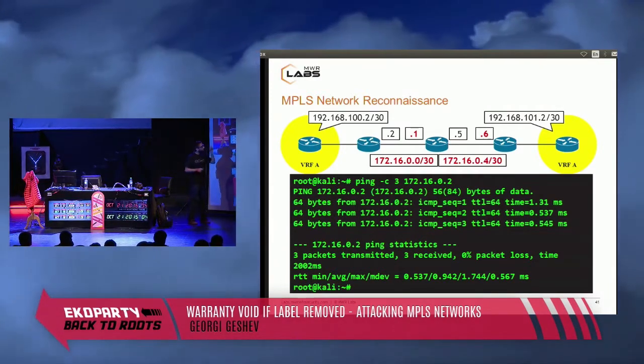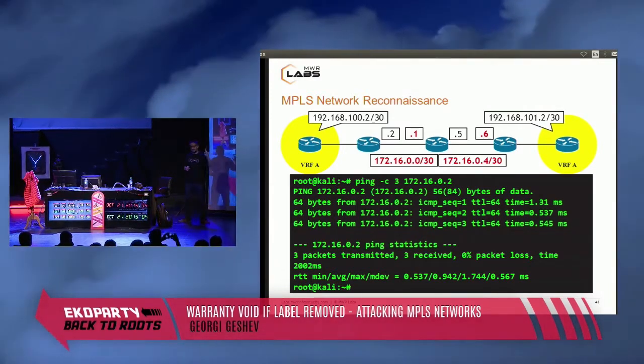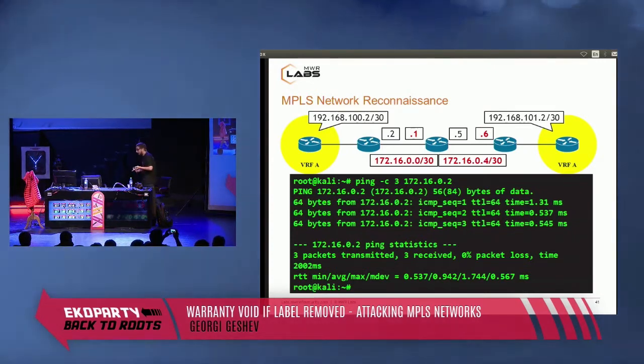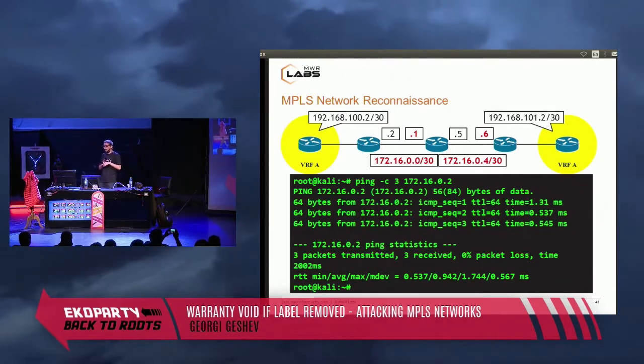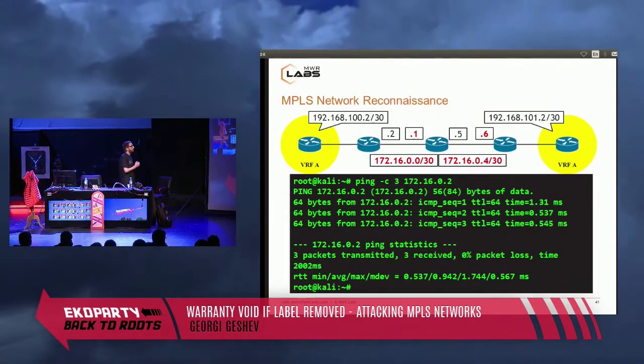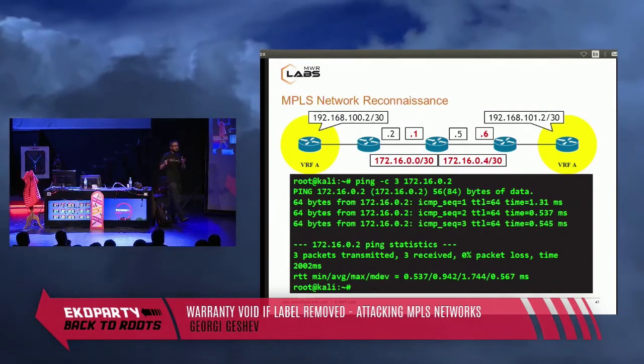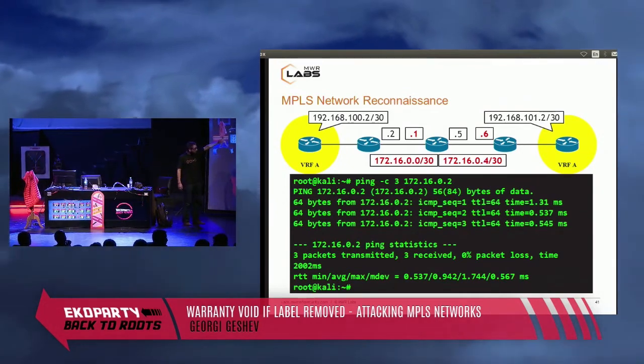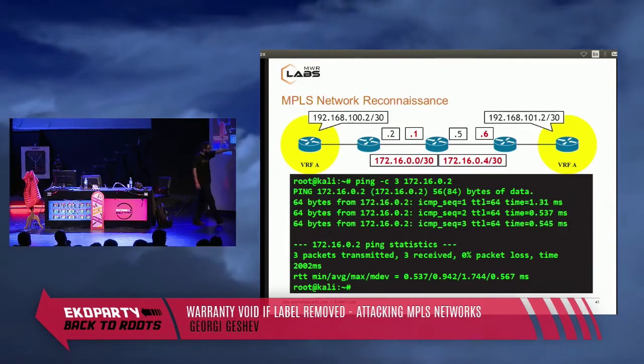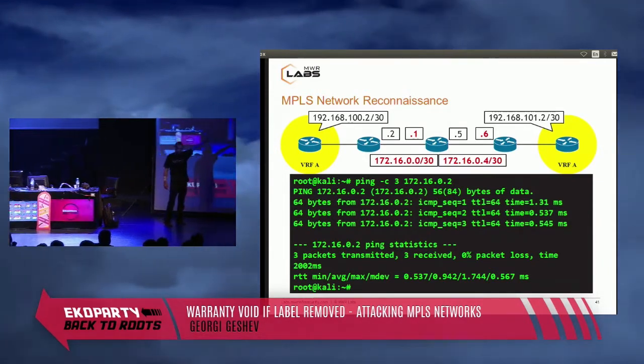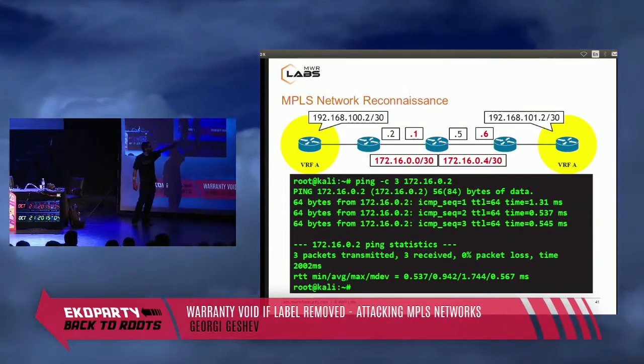To be honest, this only worked with 1 out of 5 vendors I tested, but it was a surprise, because not just that you should not be able to reveal the IP addresses, but in any case, you should not be able to send traffic to MPLS-enabled interfaces.